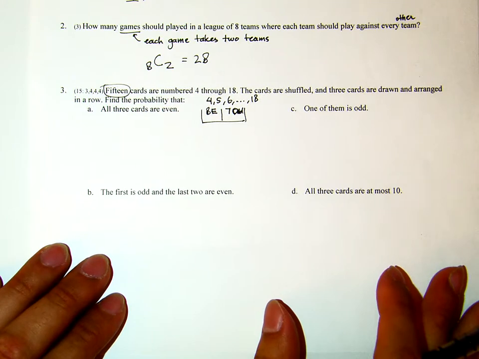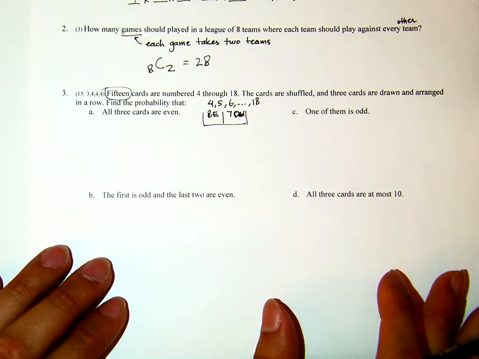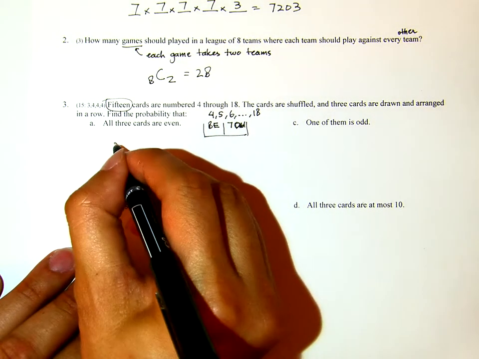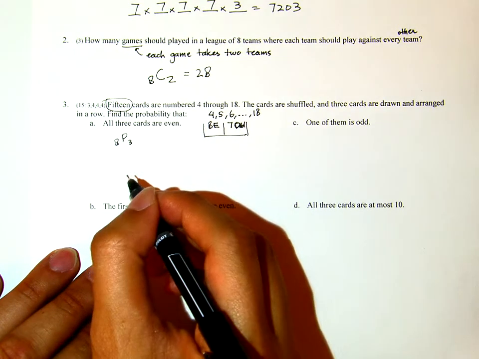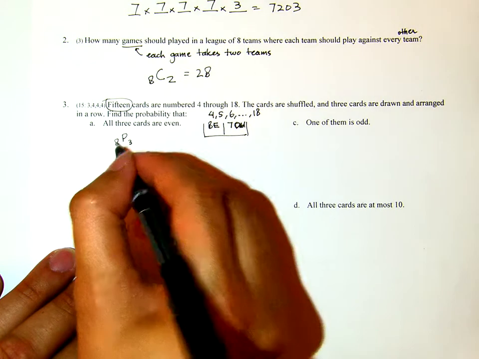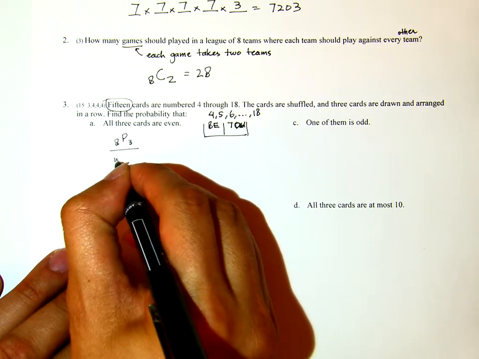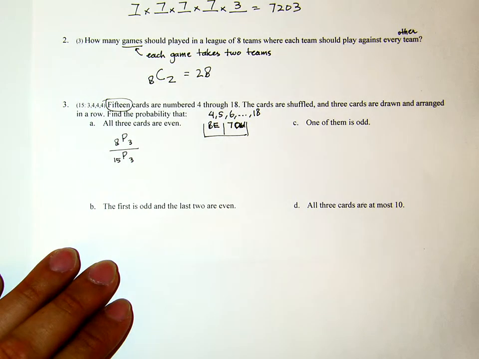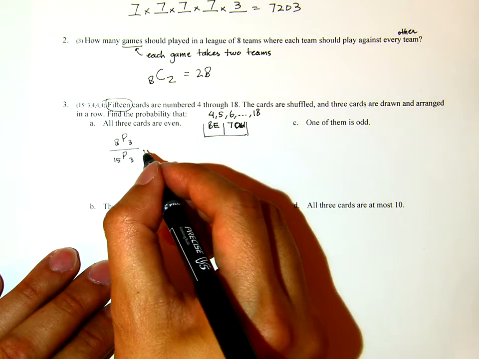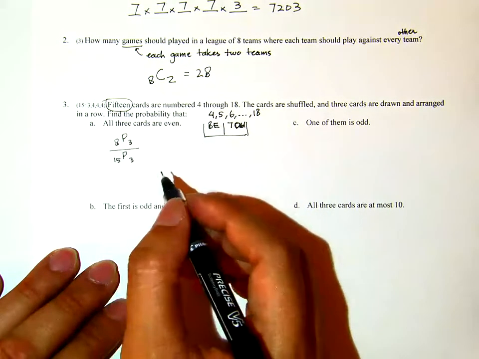Now, to have 3 cards even, I will have 8 permute 3 over 15 permute 3. Now, that's because the order is important, right?